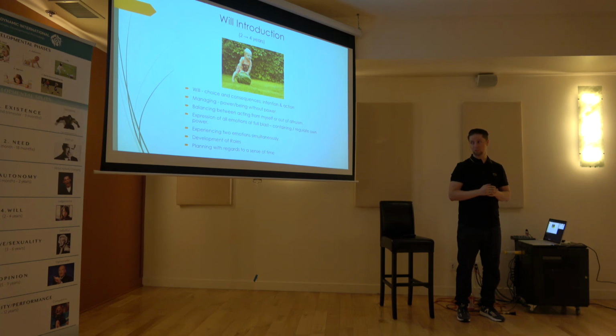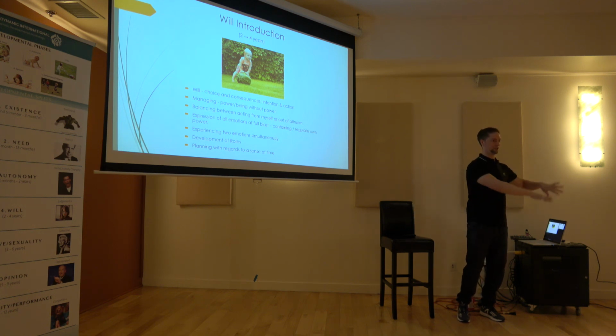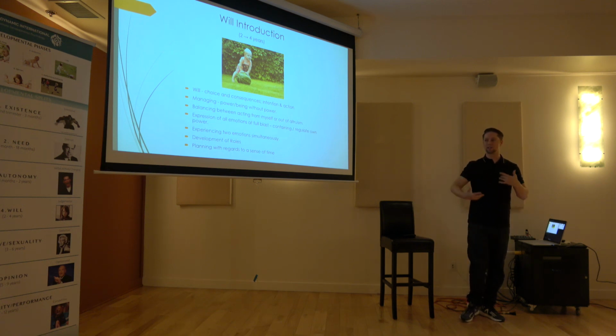The development of roles. So this is when children start to play, I'm Papa, you're Mama, and these are what our roles are, and we're going to have a child, and we're going to take care of it, or we're going to have a house, and you're going to mow the lawn, and I'm going to cook and clean. And so they start to learn about roles, and they take them on, and they start to pretend with them and play with them.